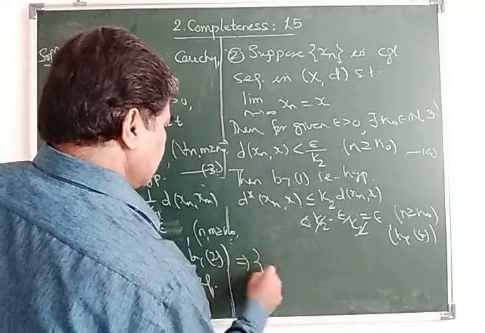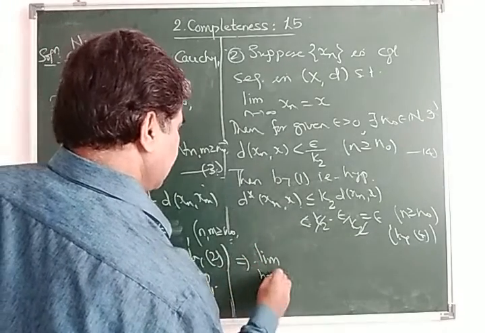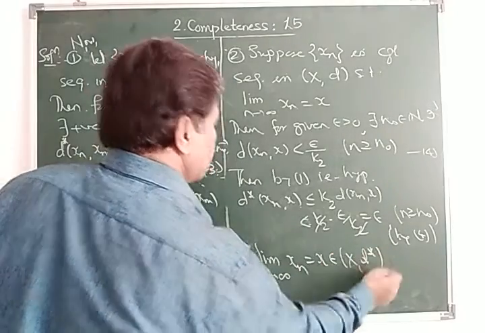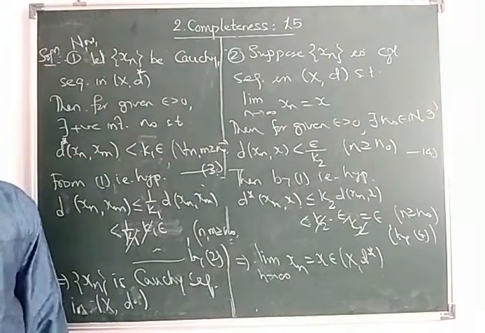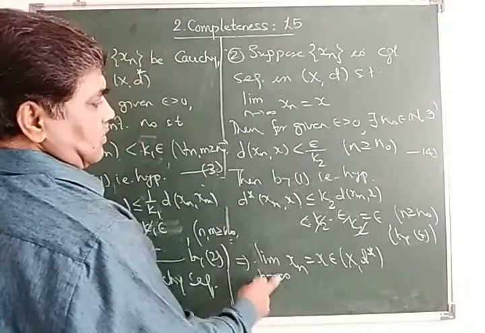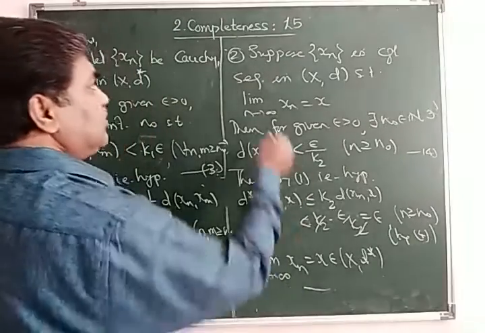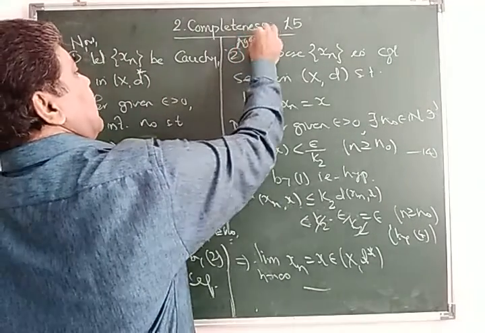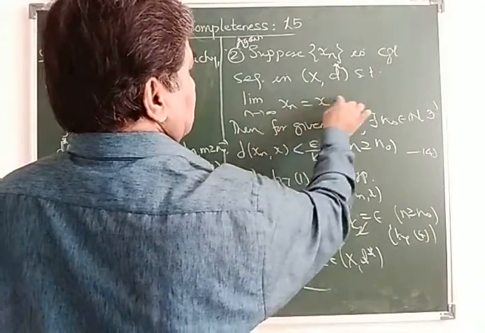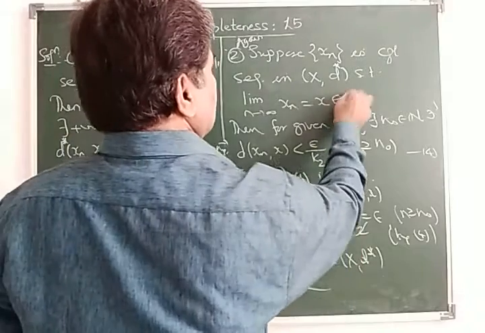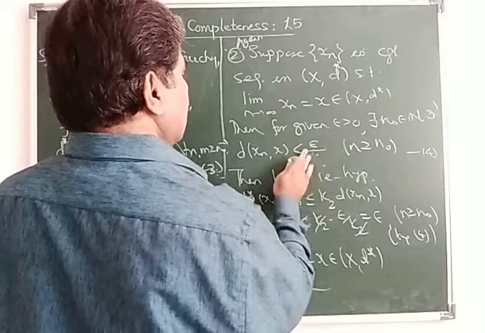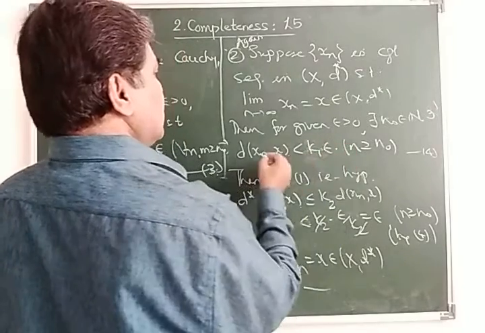This implies limit n tends to infinity of xn is equal to x belongs to Xd star. Is it clear? Now I am just making some changes here. Again, suppose xn is convergent sequence in Xd star such that limit of xn is equal to x belongs to Xd star. Then for given epsilon greater than 0, here I'll get k1 epsilon for d star.